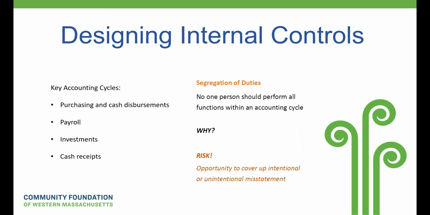So one of the key things in internal control is segregation of duties, making sure that there's more than one person involved in any specific cycle. So just to give you another for instance, right?